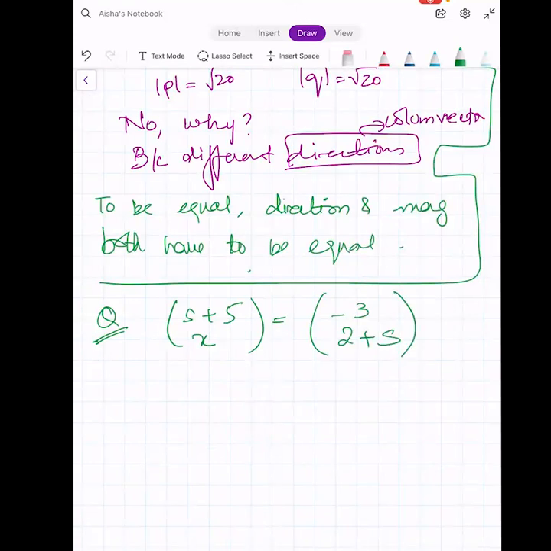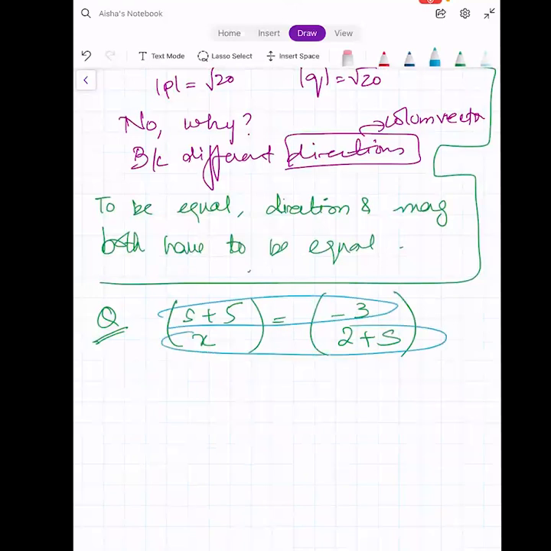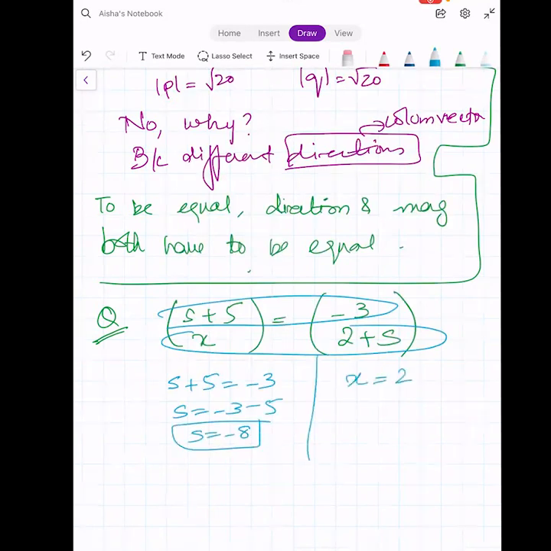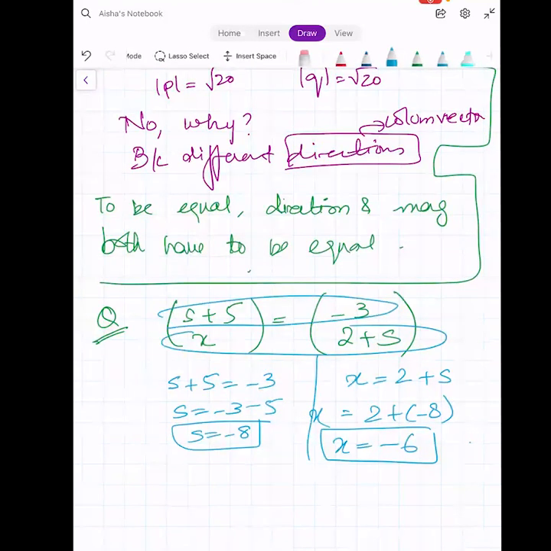This means they are saying that the numerator is equal to the numerator and the second row is equal to the second row. Does it make sense? Now they have already given the equality sign over here. So that's why I'm keeping the numerator equal to the numerator and denominator equal to the denominator.